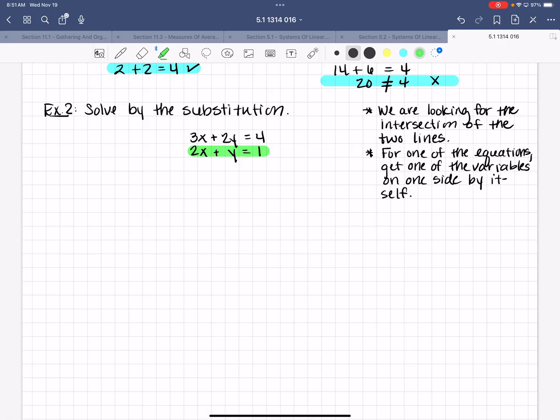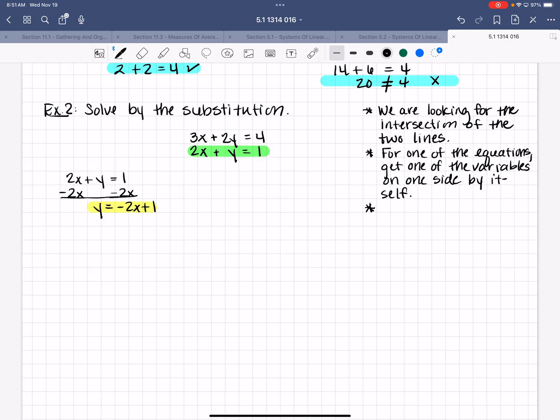All I've got to do is move that 2x over to the other side, right? It's a simple one movement solve, okay? So I'm going to take my 2x plus y equals 1, and I'm going to subtract that 2x, okay? I get y equals negative 2x plus 1. All right, we're going to use him again in a minute, okay?